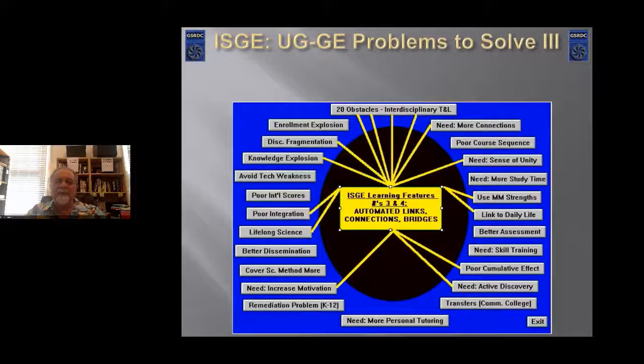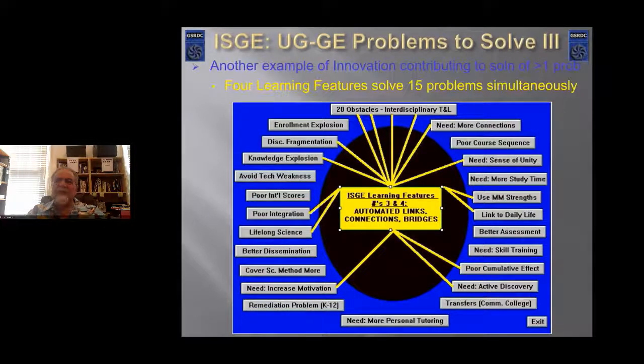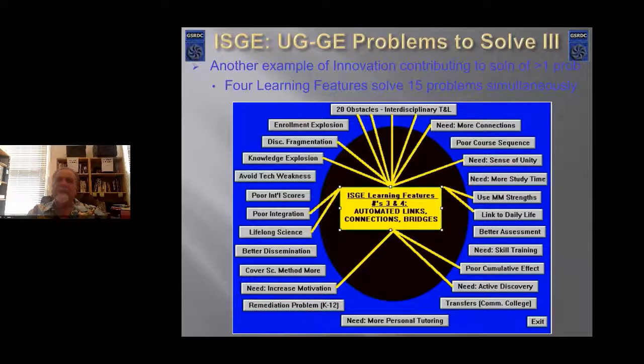Here's another one. Automated links, connections, and bridges answered all of these problems simultaneously. So if you put in all the features that we had, we answered a lot of the problems with general education, as well as the problems that students get into when they're trying to learn a new idea.